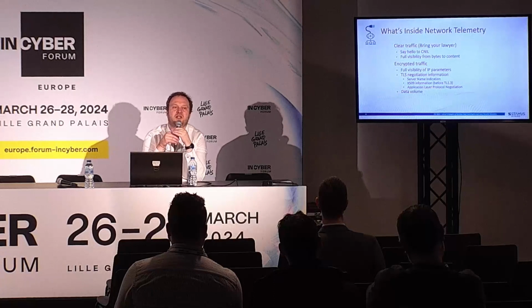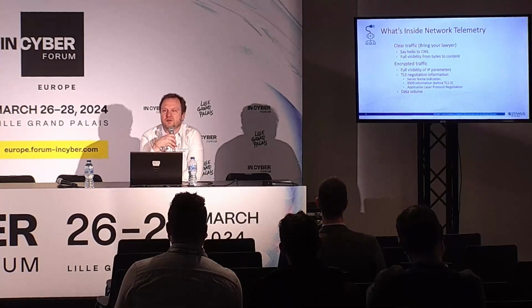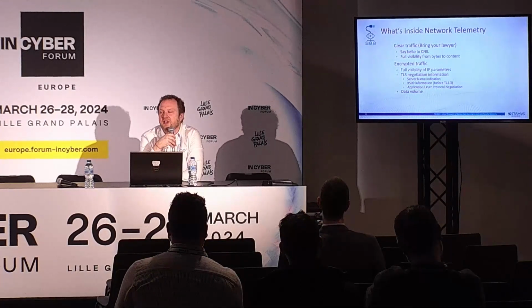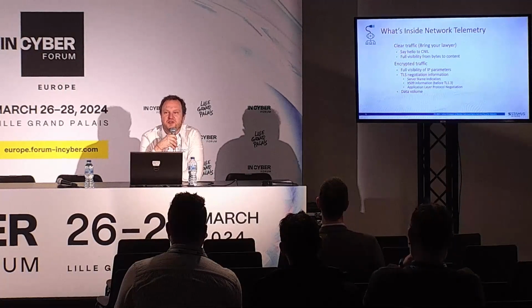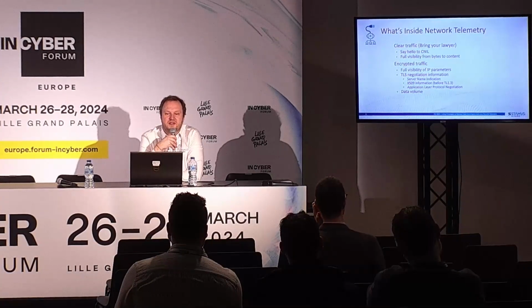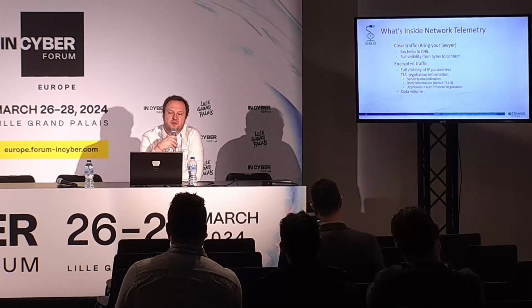So for clear traffic, for example SMTP, so any unencrypted email exchanges, some critical information might be exposed, or if there's data encryption, some of the information might be circulating unencrypted. So you have to be very careful about the definition of protection of personal data as well. In France, the CNIL has its own views on what is considered personal information.